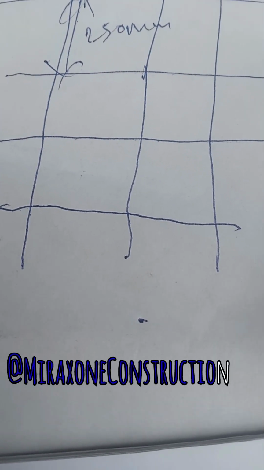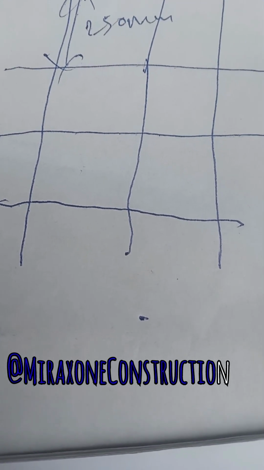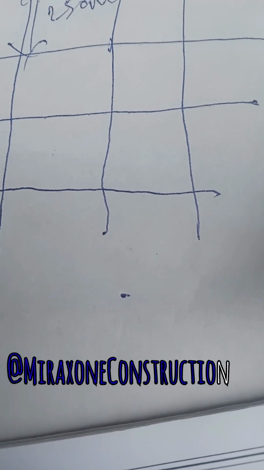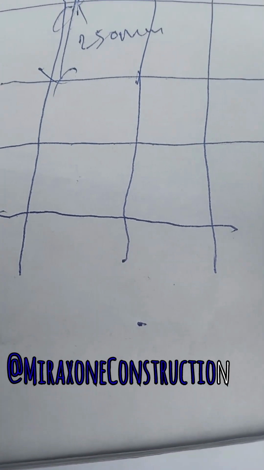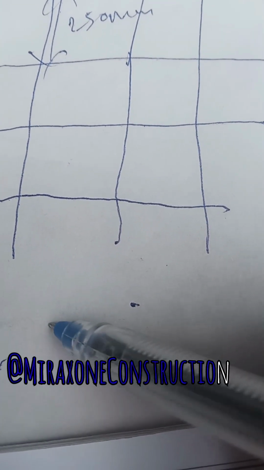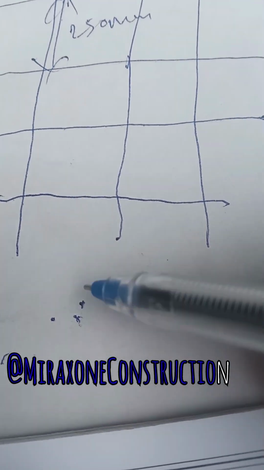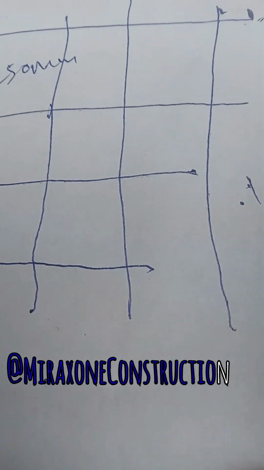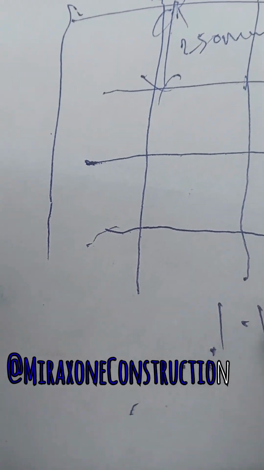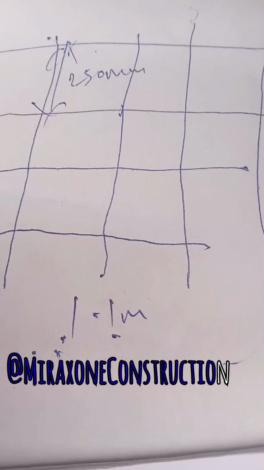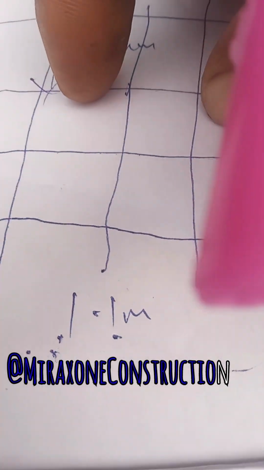The length is 1.7 meter by 1.1 meter, which is the width. You should give a gap of concrete cover when the fitter man is tying the basket.